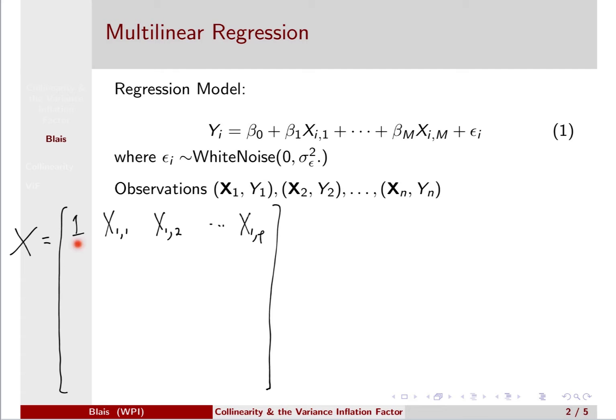But again, this row represents the first observation of each of the P predictors. Then the second row will be the second observation for each of the P predictors. So the first subscript will change from a 1 to a 2. And then we go all the way down to the final observation, which is the case where the first subscript is n.